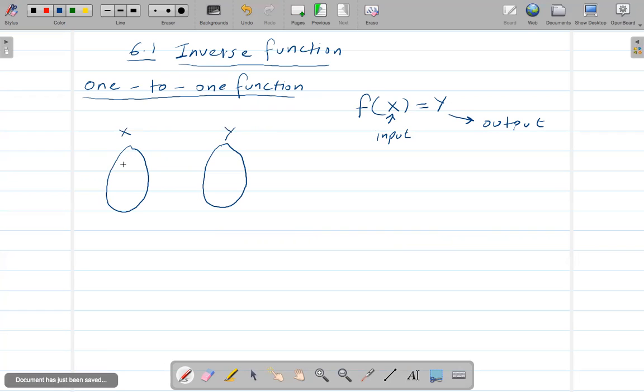When you give some input, let's say A, the output you get is B. When you input C, the output you get is D. From this side to this side, we said this is f. If each single input has a single output like this, we say this function is one-to-one.